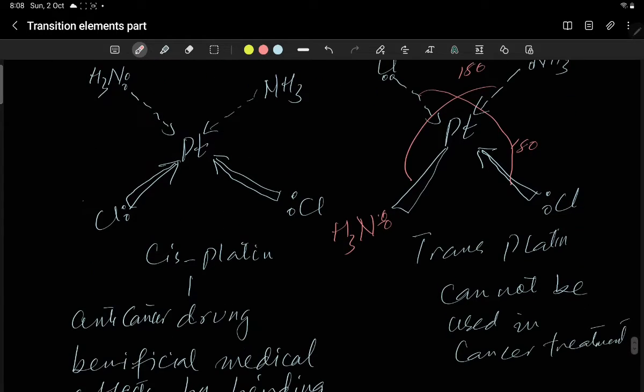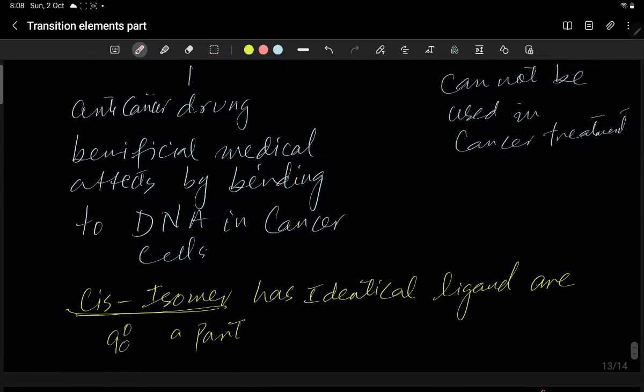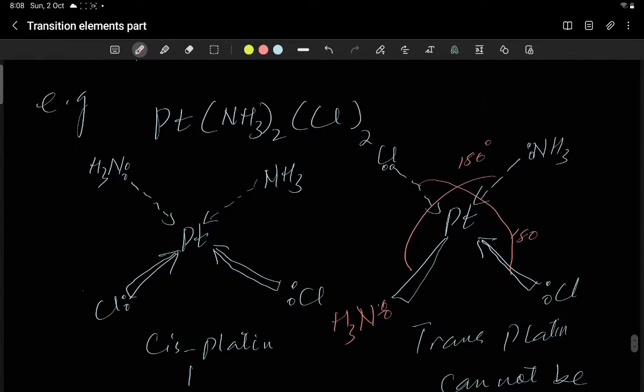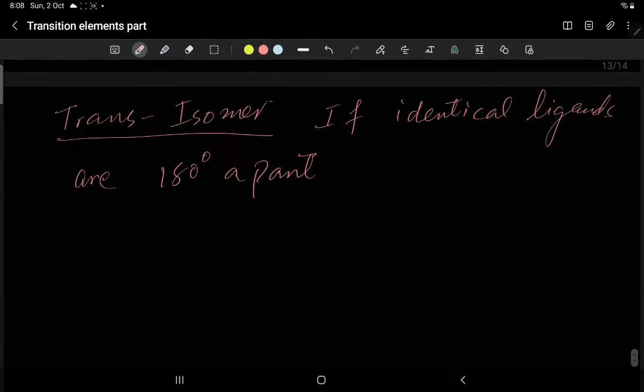And in case of cisplatin, the identical ligands are 90-degree apart. Like this, 90-degree apart. So in this way we can identify the cis-trans platin.